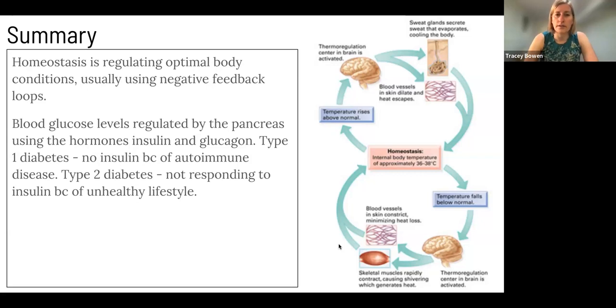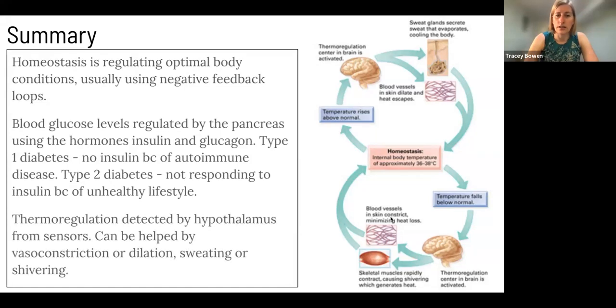Type 2 diabetes, your cells are not responding to the insulin signal because of an unhealthy lifestyle. And then thermoregulation is detected by the hypothalamus from sensors and can allow blood vessels to constrict or dilate, and can allow you to sweat or shiver to maintain body temperature. And thyroxine is going to be released from the thyroid gland, which allows the regulation of metabolism.